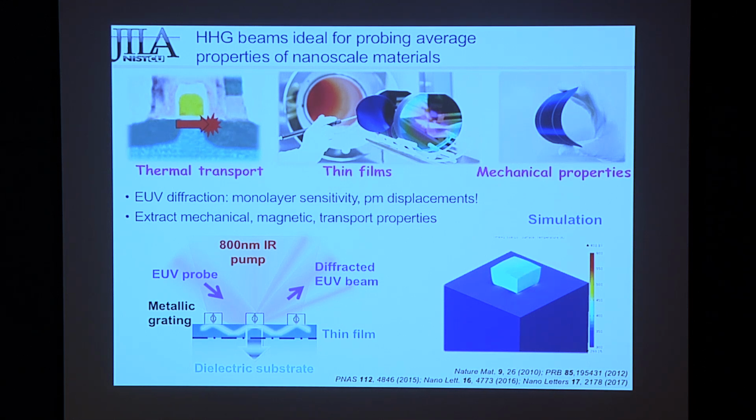But of course it's connected to the substrate, and so the initial rapid thermal expansion will give rise to acoustic waves that travel into the material and then across the surface. And we can use that to characterize heat flow through nanoscale interfaces, or what the mechanical properties are of either thin films or the underlying material.